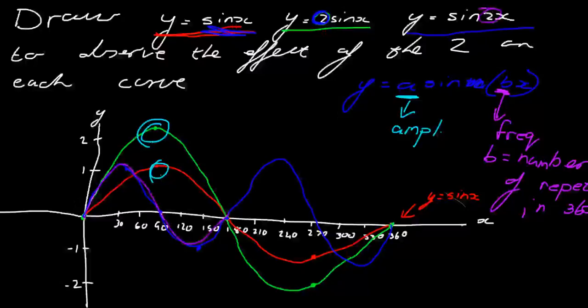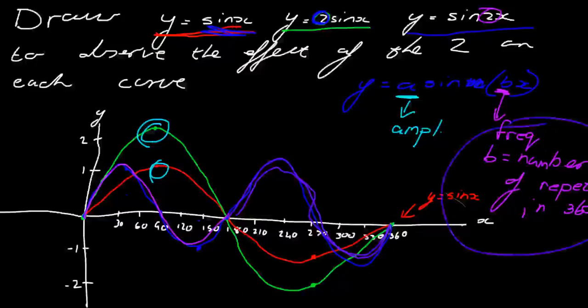There's the first repetition, and there is our second repetition in 360 degrees. Okay, a repetition is an up and a down. Okay, cool. And the frequency is always measured as the number of repetitions in 360 degrees.